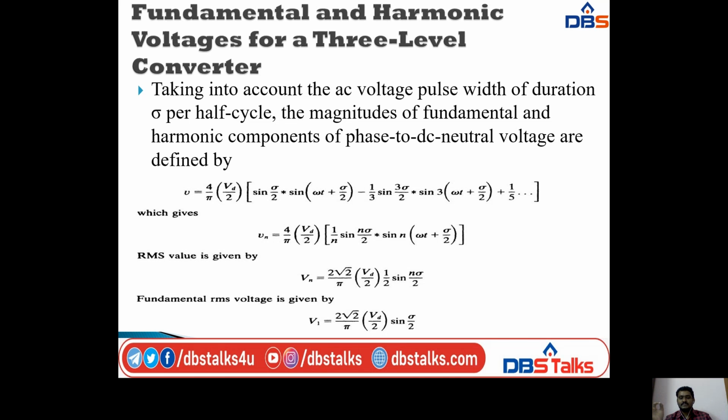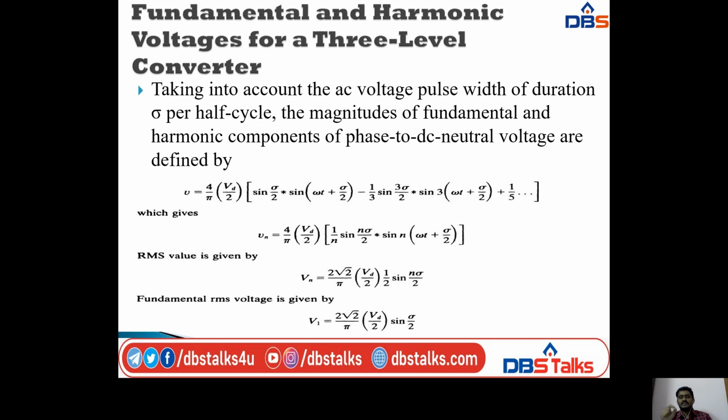So it will give Vn is equal to 4 by pi into Vd by 2 into 1 by n sine n sigma by 2 plus sine n omega t plus sigma by 2, and the RMS value is given by Vn is equal to 2 root 2 by pi into Vd by 2 into 1 by 2 sin n sigma by 2.